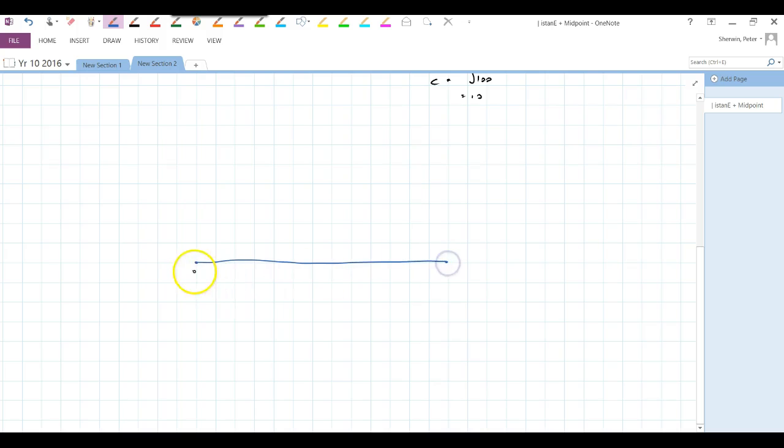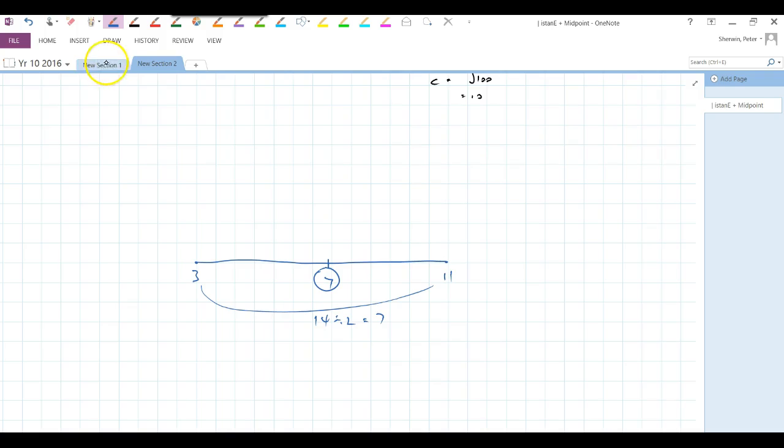Let's say this is 3 and this is 11. What's the point that's halfway between them? We could count, or you could add them together to get 14 and divide by 2, and that gives you the point. So for 3 and 11, the midpoint is 7. So we add the two endpoints together and divide by 2.